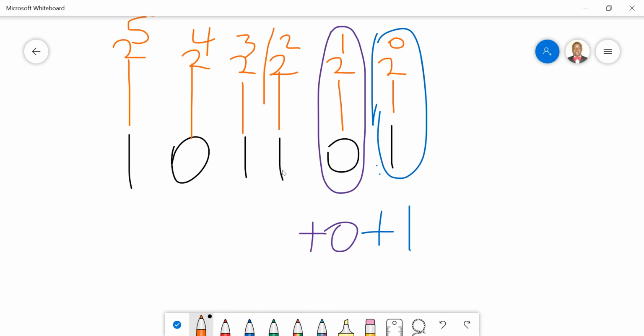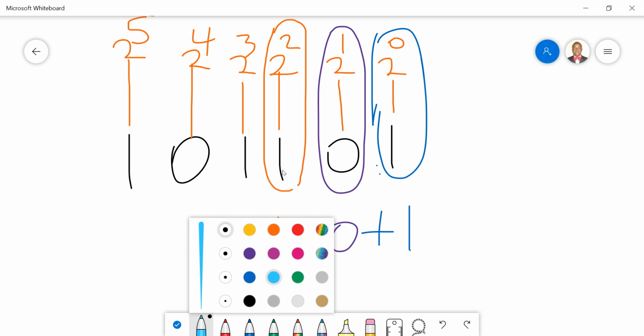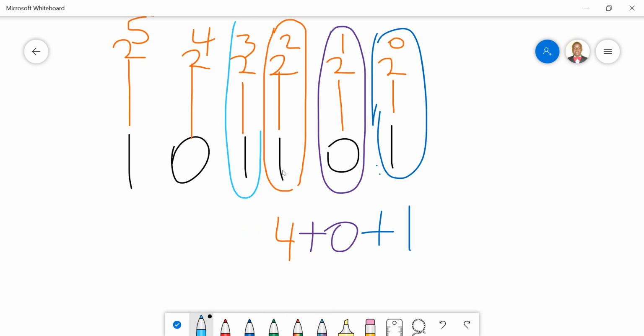On this part here, 1 multiplied by 2 to the power 2 is 4, which means that here we have 4. And in this part is 1 multiplied by 2 to the power 3, which is 8. Plus.